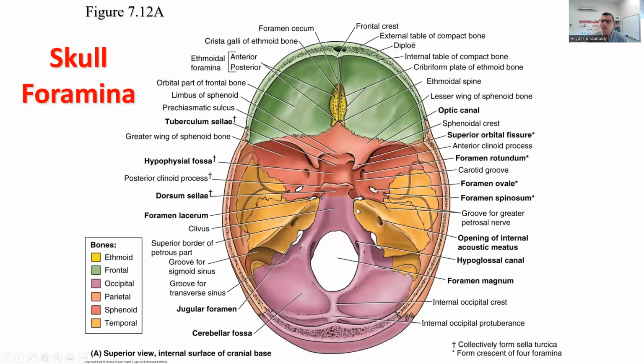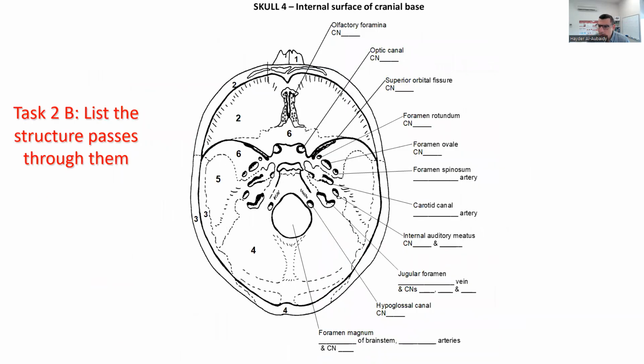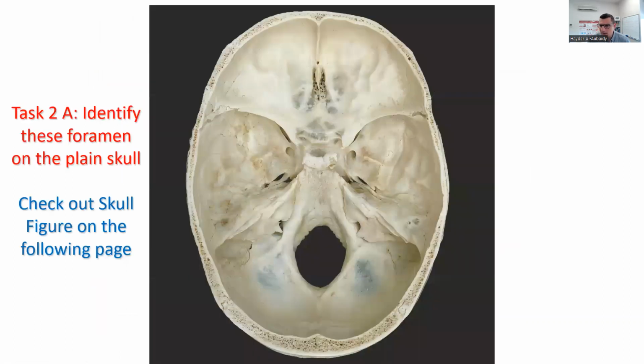It's not shown here. It will be much better if we look at it in 3 dimensions rather than this one. If we look at the location here, this is the split between the middle and posterior cranial fossa. So the carotid canal should be within the middle cranial fossa compartment, while the jugular foramen will be in the posterior cranial fossa compartment. So if you look here, the jugular foramen is this one.